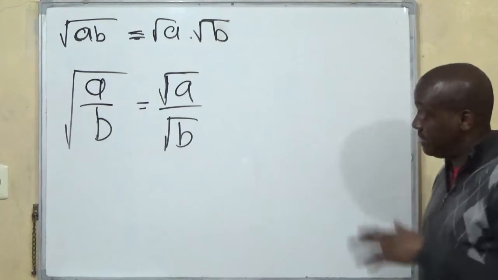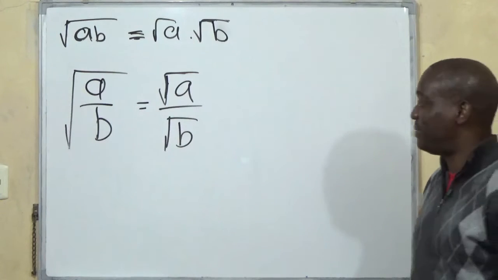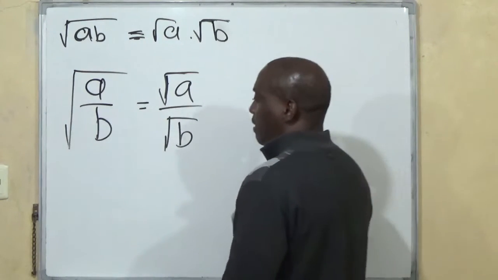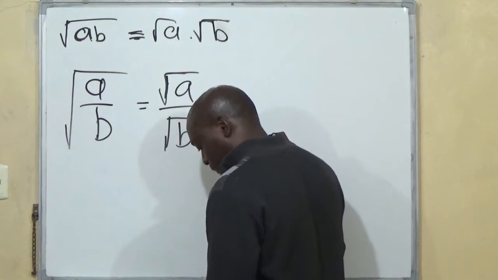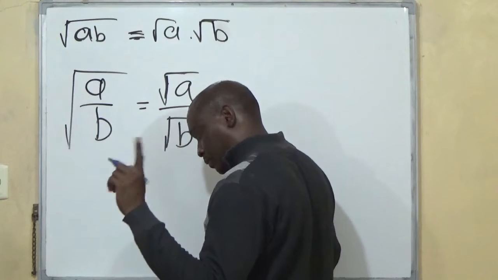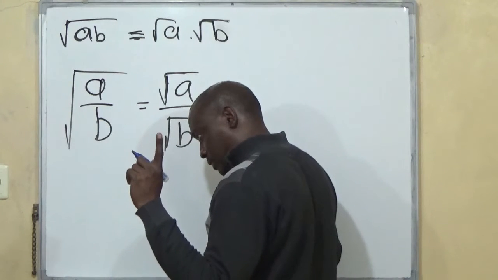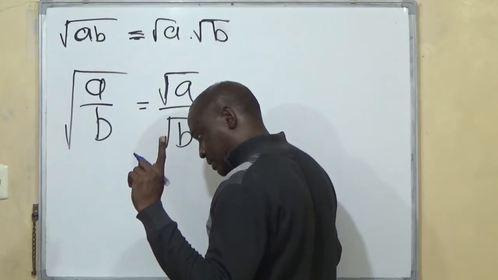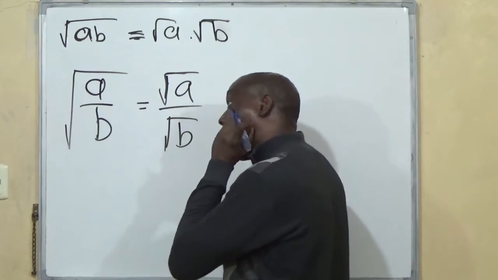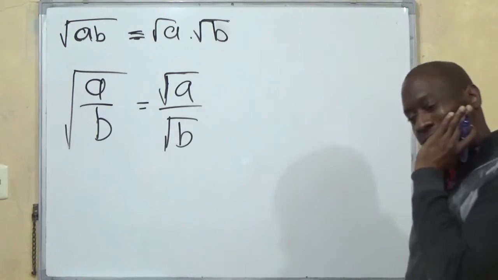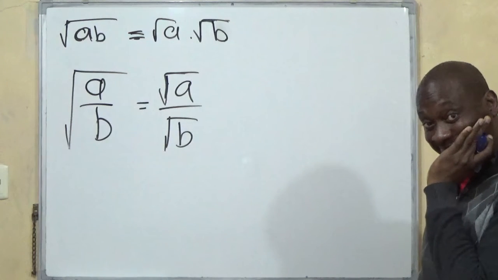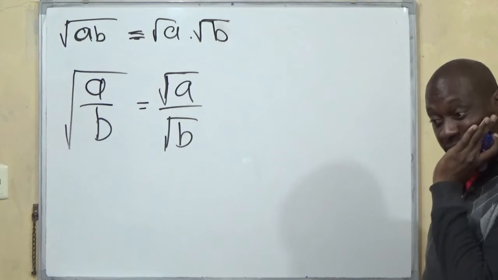I just try to be simple, but sometimes I don't want the numbers to be too simple. So let us say the square root of 100, 125 over 25, 625.